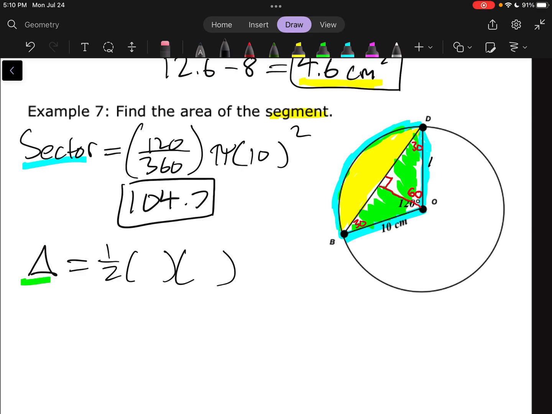If the hypotenuse of a 30, 60, 90 triangle is 10, the short leg should be 10 divided by 2, which is 5. So the altitude of my triangle is now 5. The long leg of a 30, 60, 90 triangle is always the short leg times the square root of 3. 5 times root 3 is just 5 root 3.